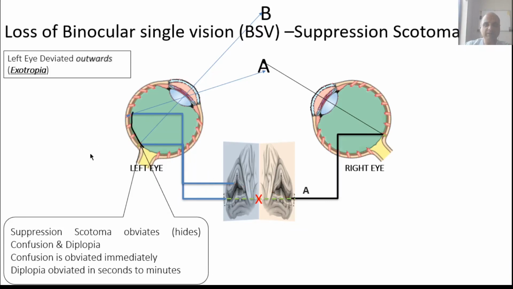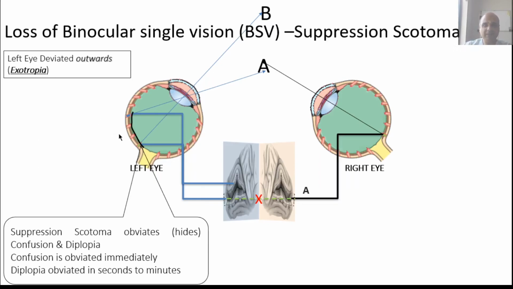This scotoma would extend over seconds to minutes to the point where the unpaired retinal element is sending information of the image that the other eye is also looking at, i.e. A in this case, to get rid of diplopia. Diplopia takes a little bit of time, seconds to minutes, but confusion is gone immediately.